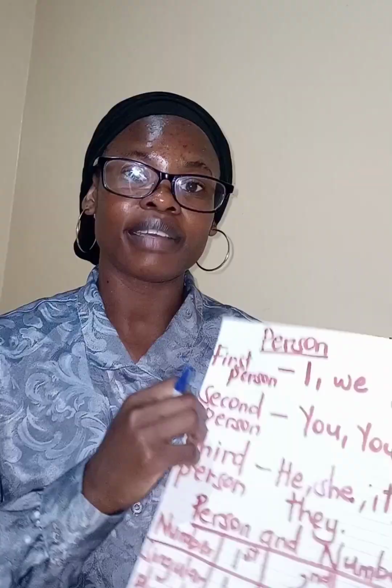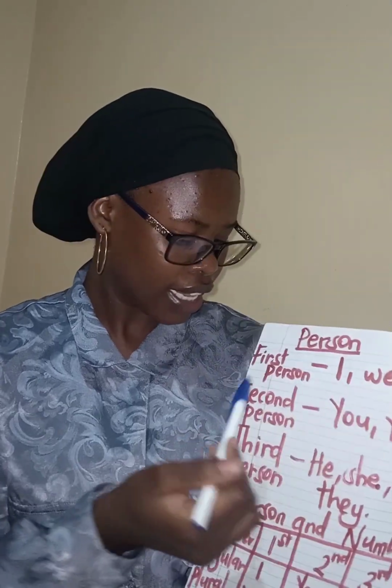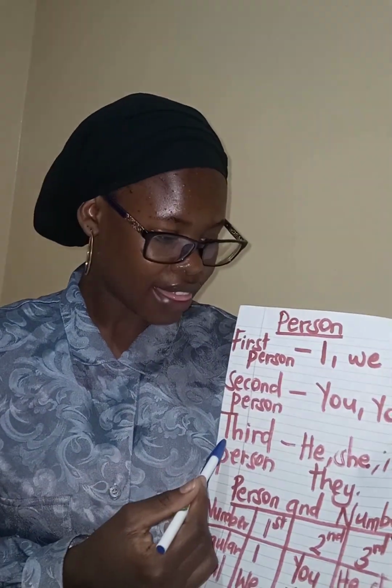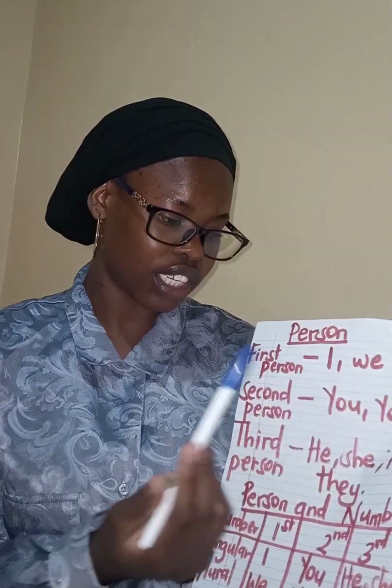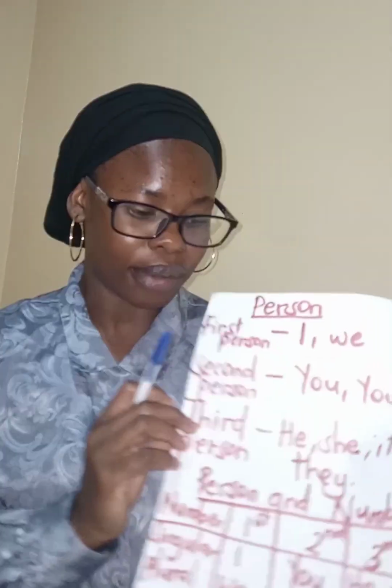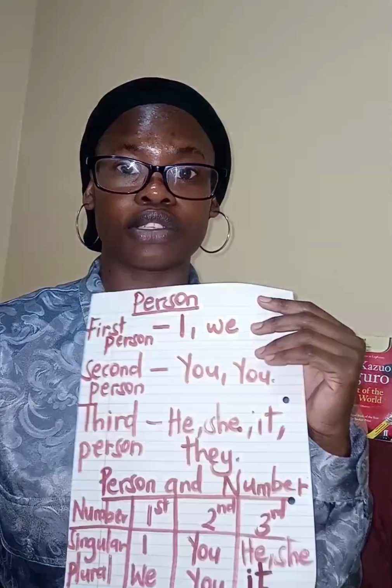This is just a summary on person. First person is I and we. Second person, you in plural form. Third person is he, she, it, and they. I want you to look at the box, a summary on person.